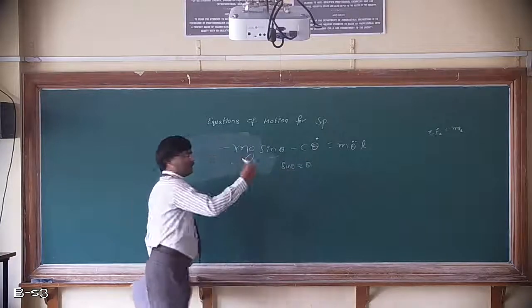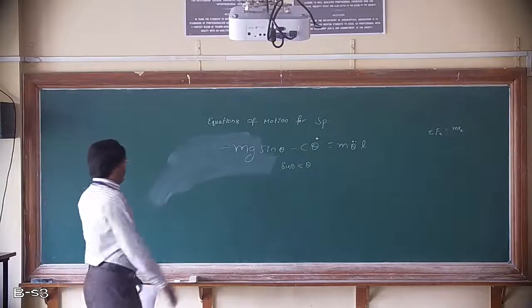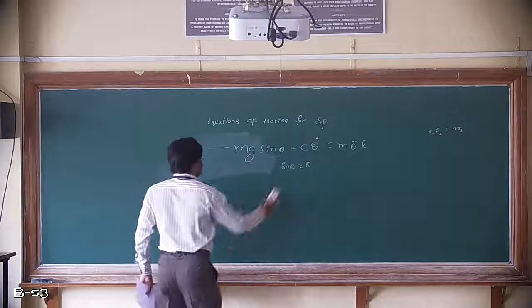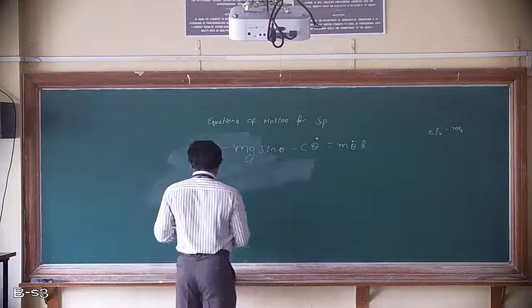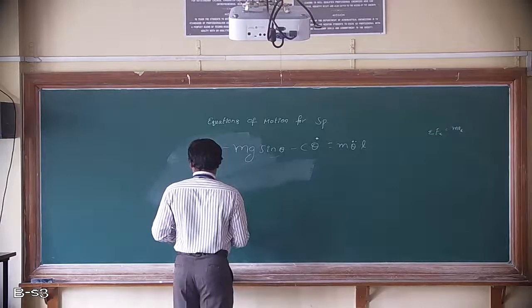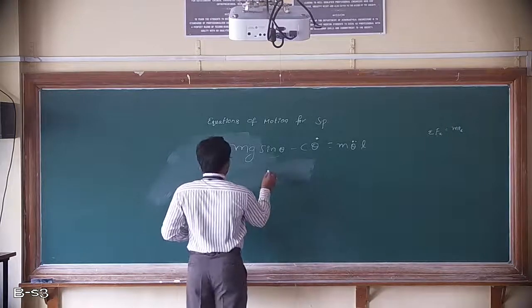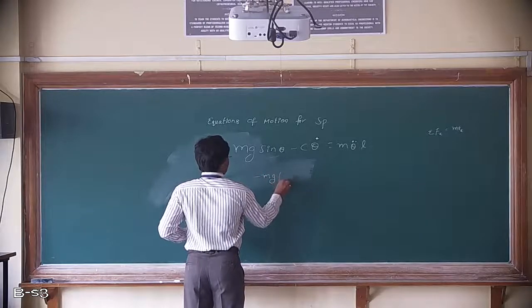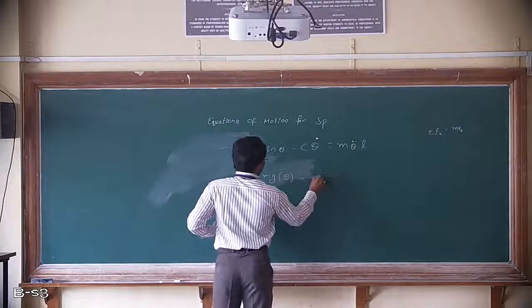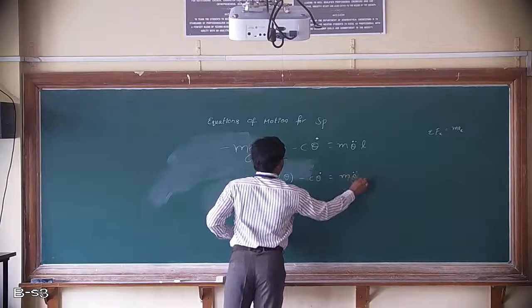That is how you linearize the system. Then you get minus mg theta minus c theta dot is equal to m theta double dot L.